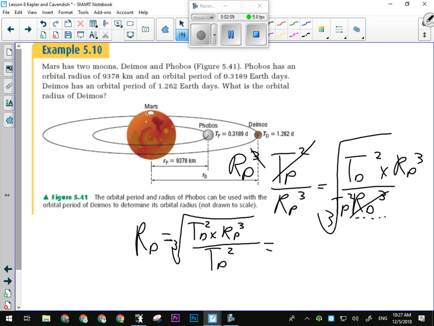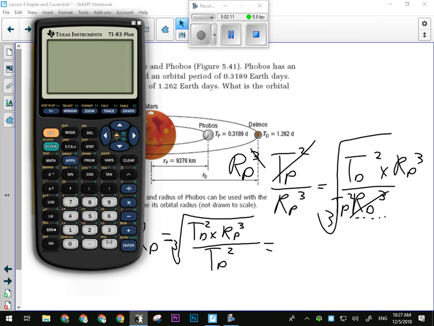Okay, so when we plug all of that in, we need the cube root here. And we have the period of Deimos, which is 1.262 squared, times the radius of Phobos's orbit, which is 9,378, and that has to be cubed, divided by the period of Phobos, which is 0.3189, and that's squared.